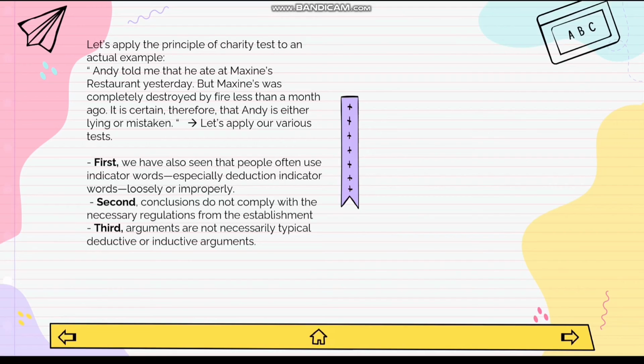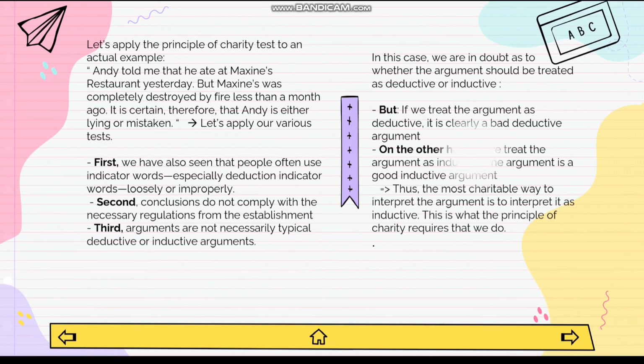Second, the conclusion does not comply with the strict necessity test. Third, the argument is not a typical deductive or inductive argument. In this case, we are in doubt as to whether the argument should be treated as deductive or inductive.